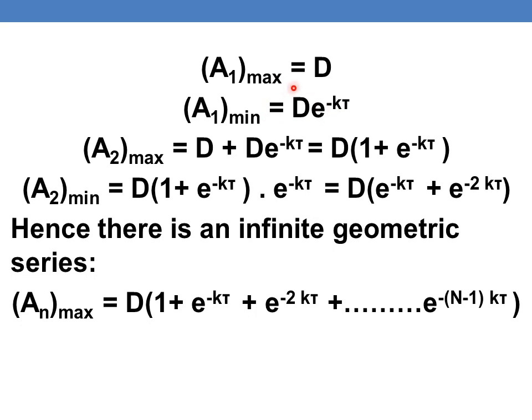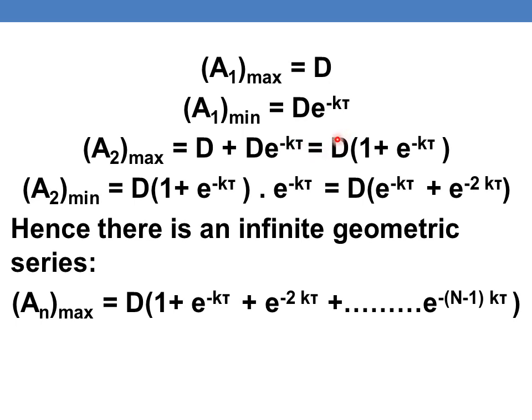A max is equal to D and A minimum is equal to D into e to the power of minus K tau, because it has undergone elimination. It has undergone one half-life. A1 minimum is equal to D into e to the power of minus K tau, and similarly A2 max is equal to another additional dose of the drug, D, plus the amount remaining in the body, D into e to the power of minus K tau.